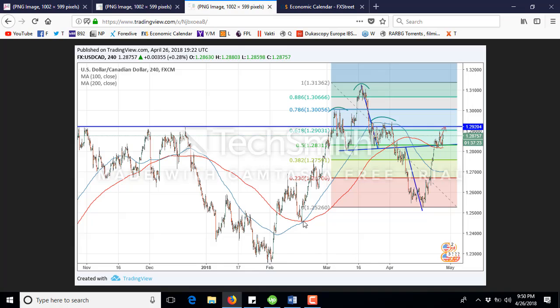As you can see, if you accept this first leg, then it went almost vertically with some minor corrections from 125 to 130, so a 500 pips move.